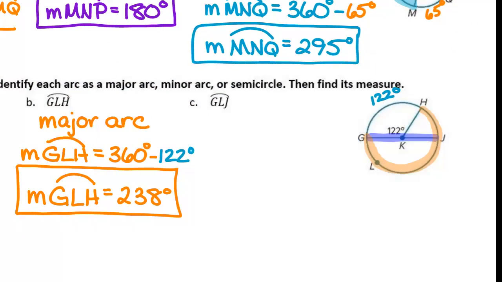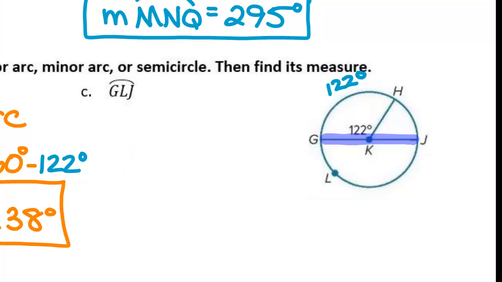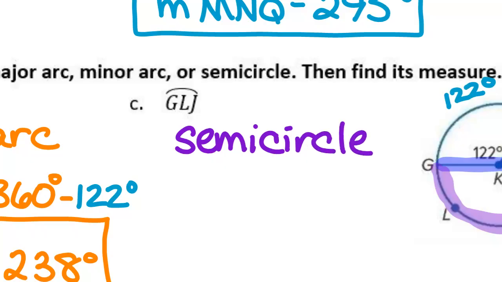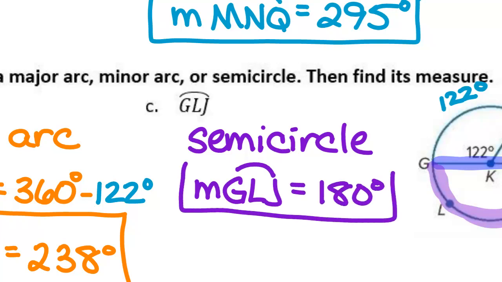All right, and then we have our very last one that we're doing on this side of the page, arc GLJ right here. Minor arc, major arc, or semicircle? Semicircle. Which means it measures how big? 180. Beautiful.